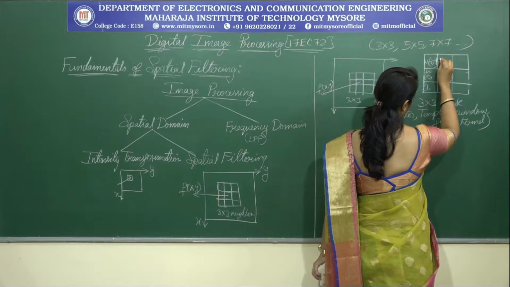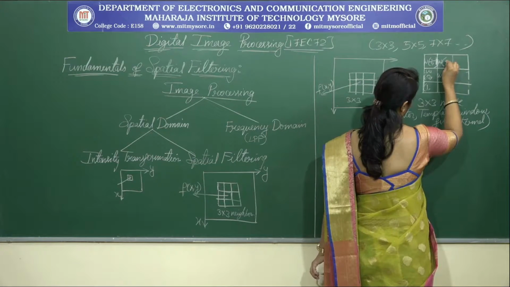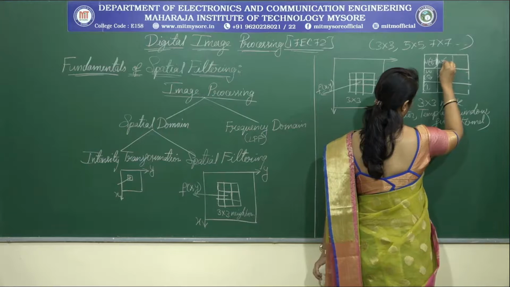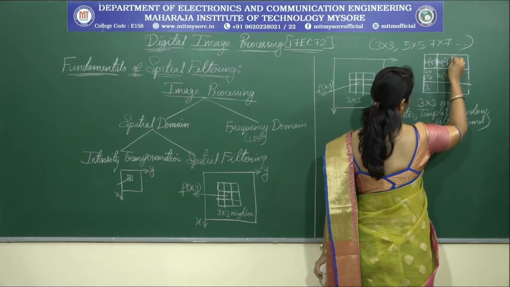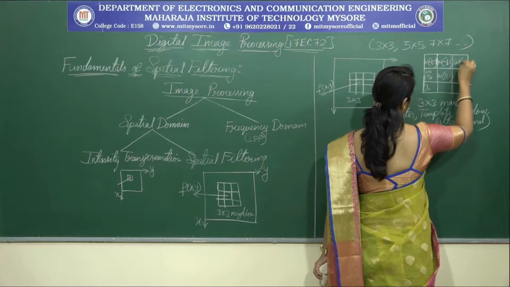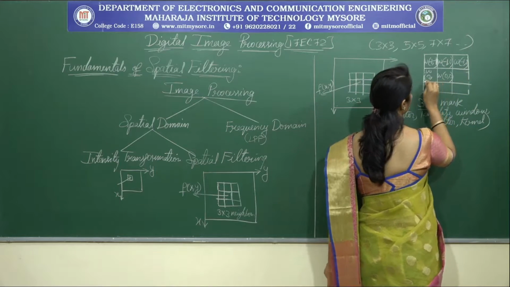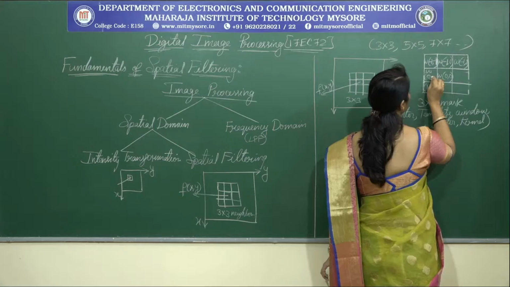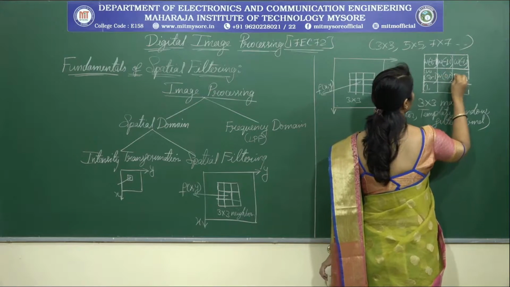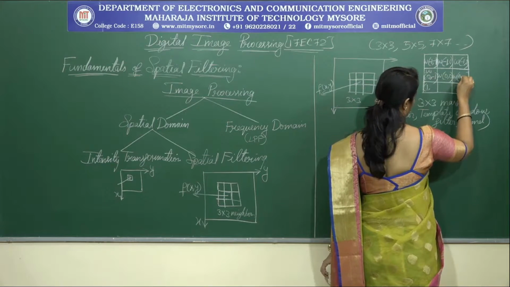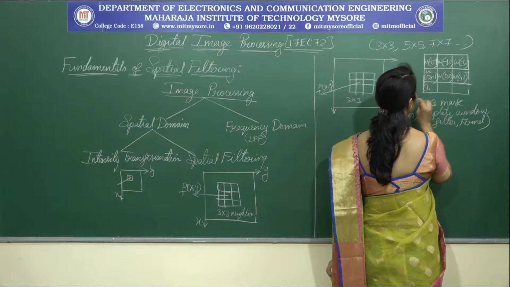So previous row, same column, previous row, next column. So this is same row, previous column, same row, next column.